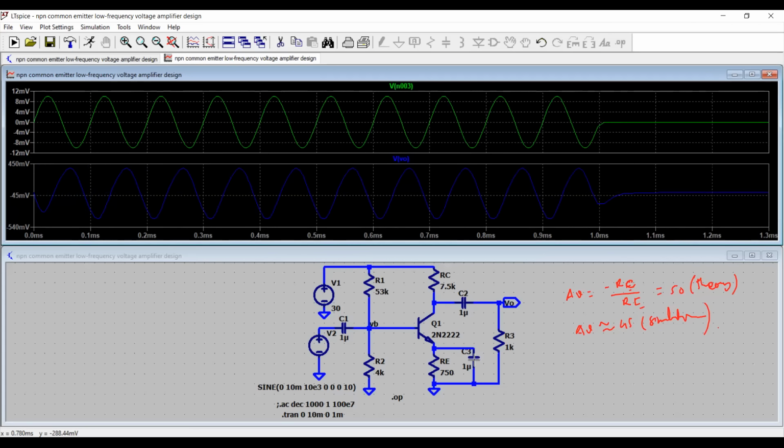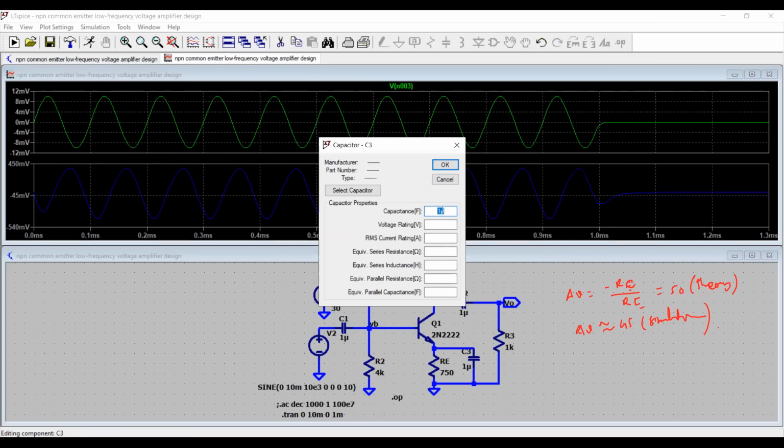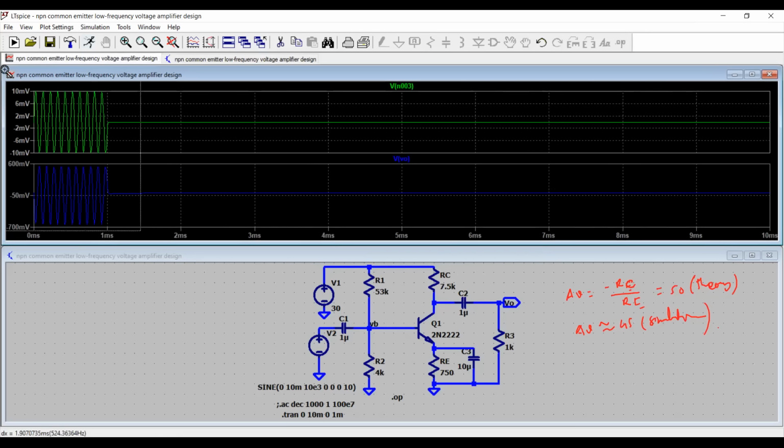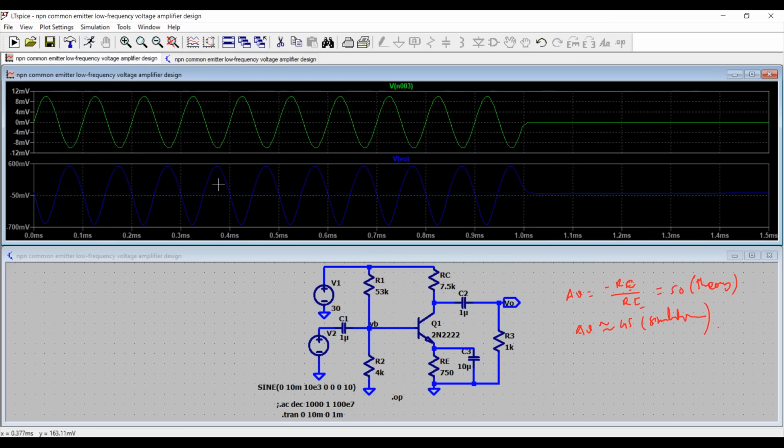So let me play with the value of the bypass capacitor. If I increase it to, let's say, 10 micro and simulate the waveform again, now you see I have a better waveform at the output, and I'm approaching the gain of 50. So 10 millivolt peak, 500 millivolt peak. So that's the 50 times amplification I am having.